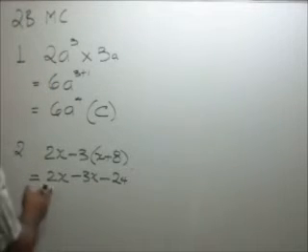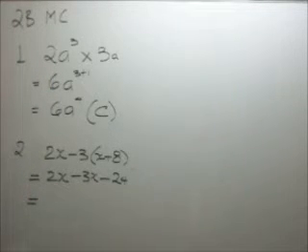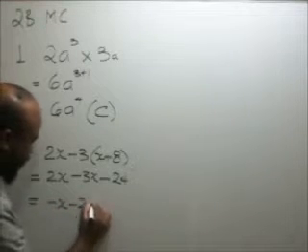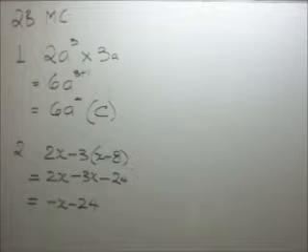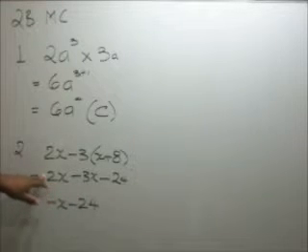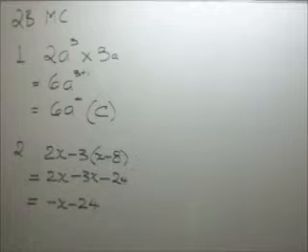So now we have 2x minus 3x, which is minus x, minus 24. The rule says when you're adding and subtracting directed numbers, if the signs are different, you subtract and keep the sign of the greater number. The answer here is minus x minus 24, which is actually B.